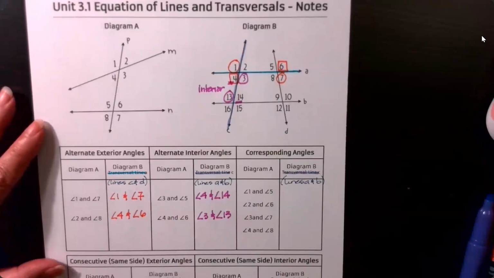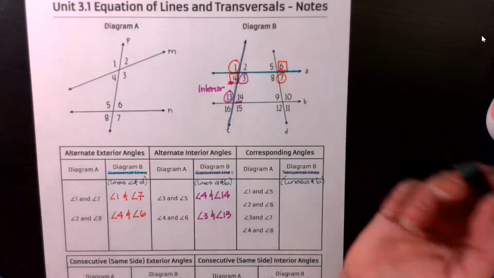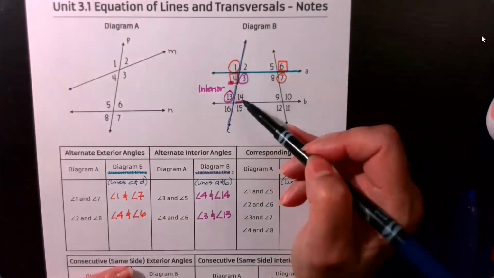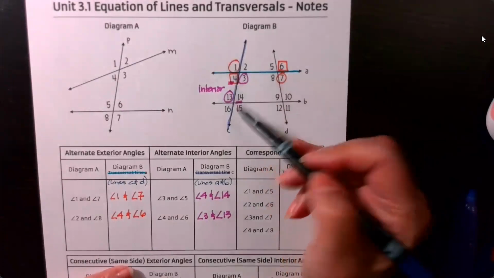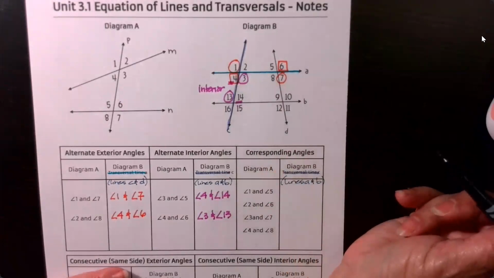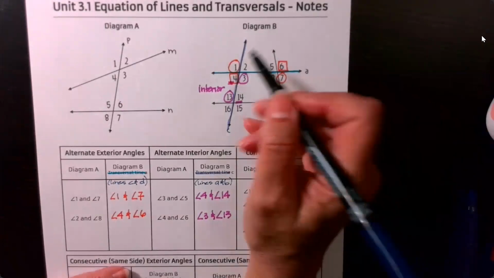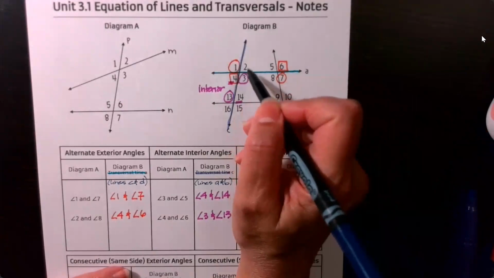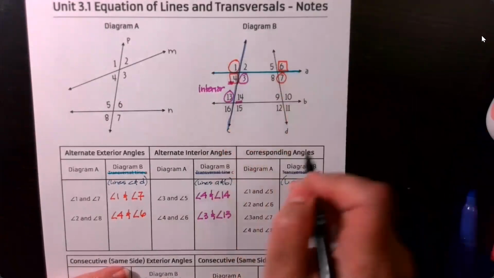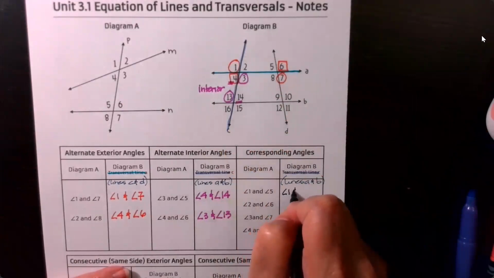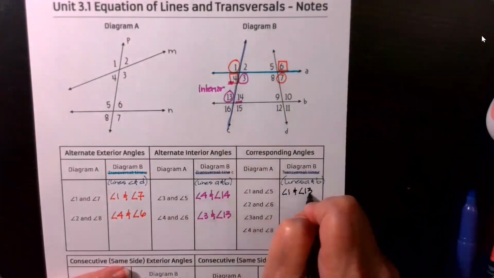When we come over to the corresponding angles, notice that we have a cluster of 4 angles here and a cluster of 4 angles here. So we're actually going to have 4 pairs of corresponding angles. I'm going to start in the upper left-hand corner of the cluster of 4. So 1 and 13 is a set of corresponding angles.